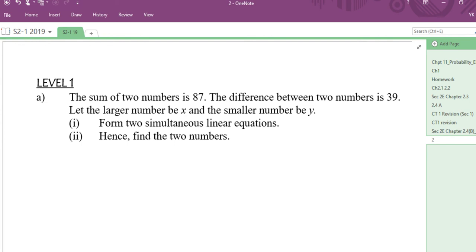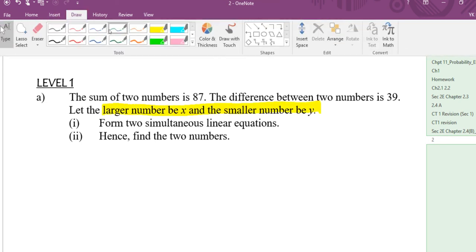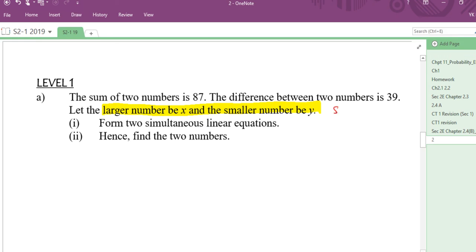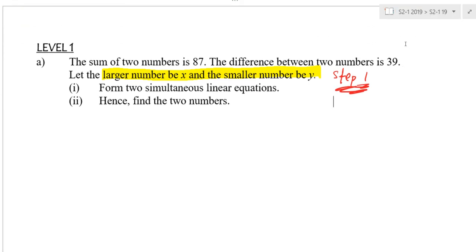It says that the larger number is X. The smaller number is Y. So this is actually step 1. So you see these two actually is step 1. Alright. So sometimes it will give you, then you can use. Sometimes it didn't give you, then you have to write.